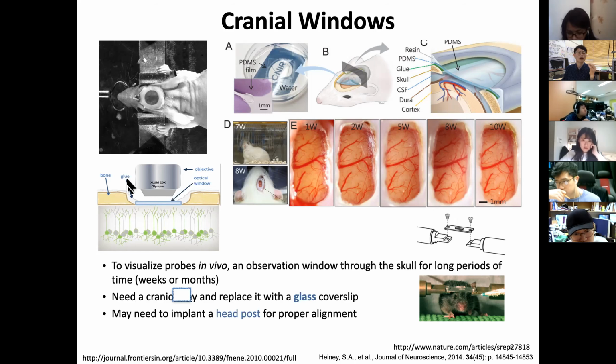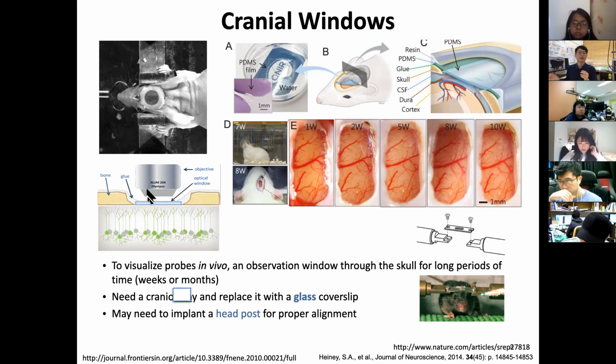For example, you can mix crazy glue with a powder, such as nail polish, or nowadays more of a dental cement. We are using it so that you can see the underlying neurons. The issue here is that to visualize probes in vivo, we need an observation window through the skull, and for long periods of time.